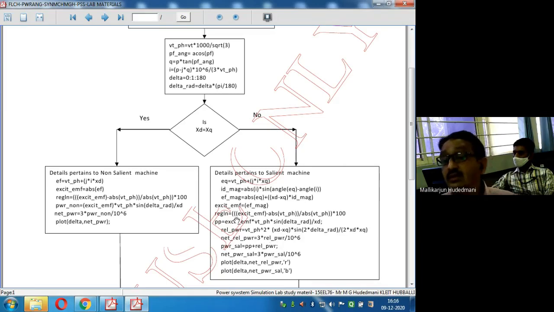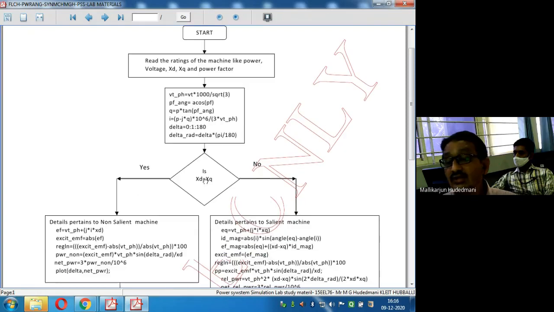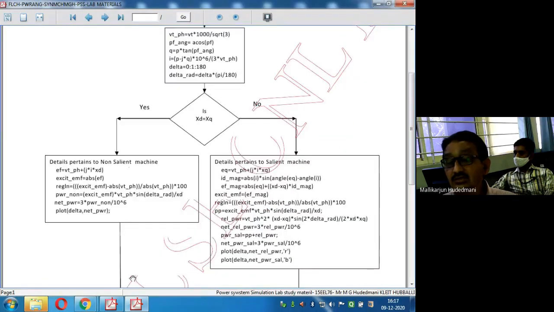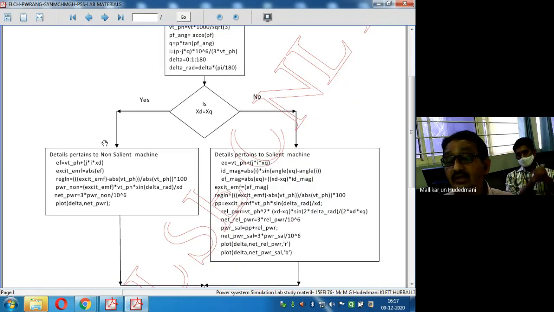I mean to say, execute the program from the top for one case study, either non-salient or salient. Execute it, confirm your result, save it. Take a copy of that program. Take up the opposite case which is remaining, then modify your program and ensure that it works for the second part. This way also you can do.